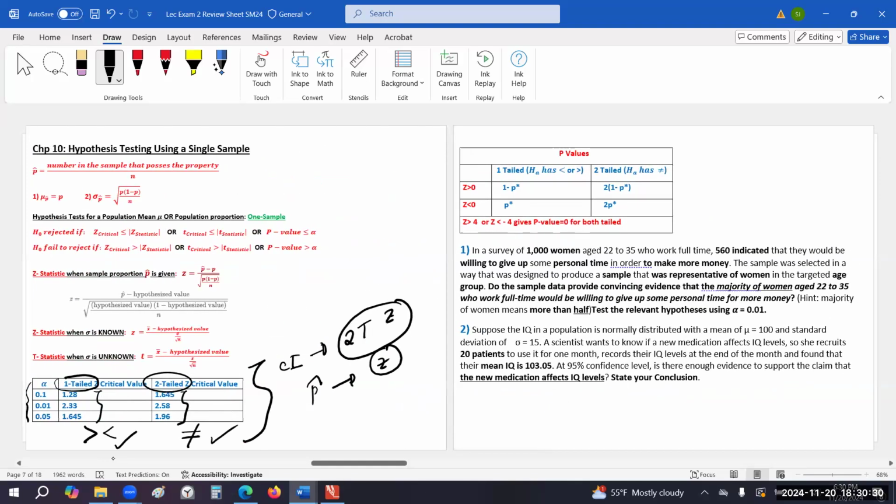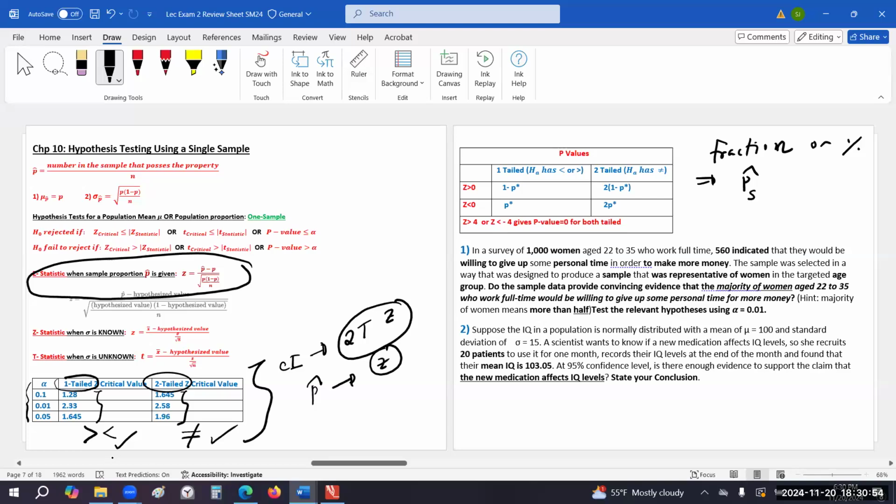If they give you some information about a fraction or percentage, it means proportion. So fraction or percentage means proportion. If you're working with proportion, that's the proportion formula you need to use.